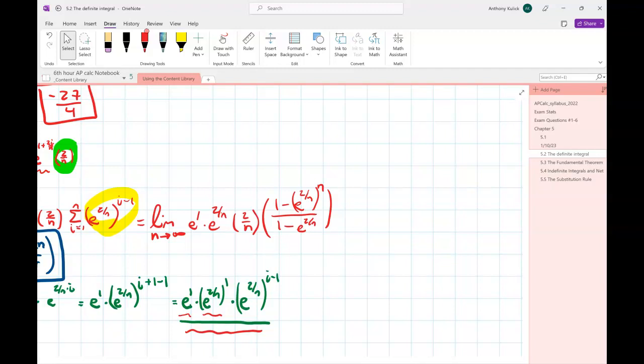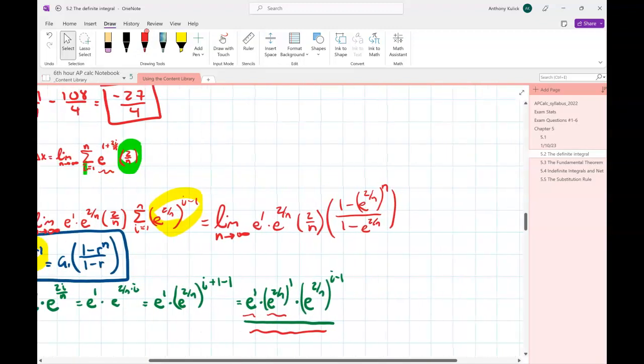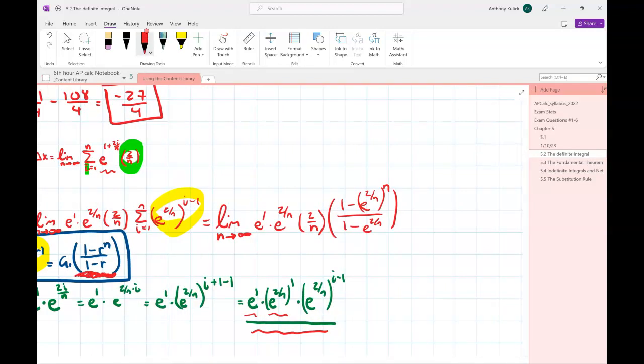Is that okay? Yes. Again, I'm just using this formula down here to come up with that. Okay.